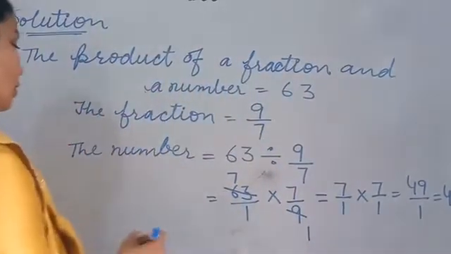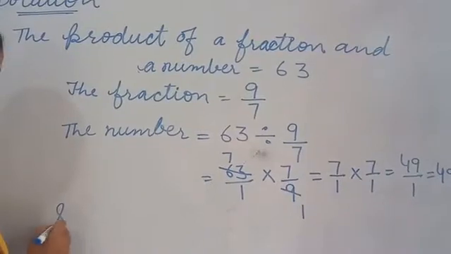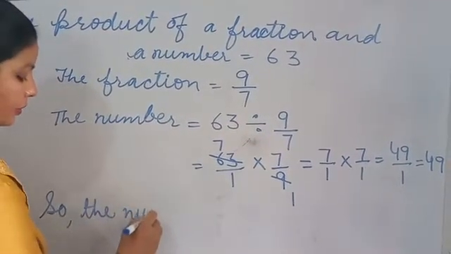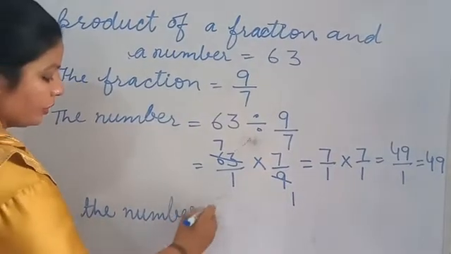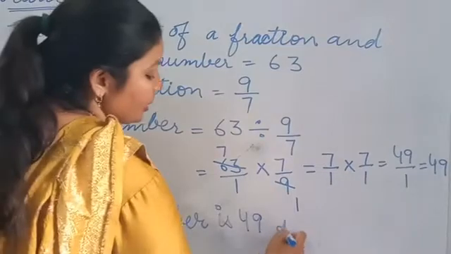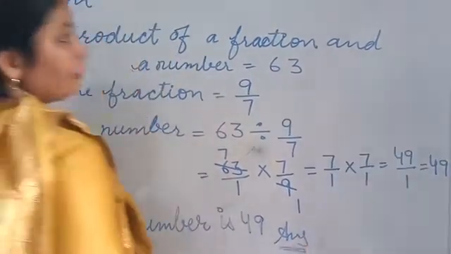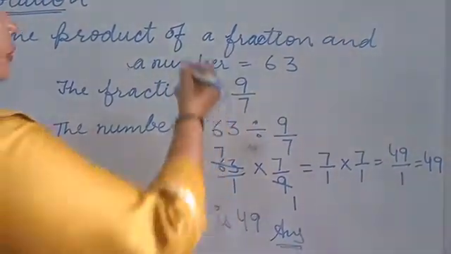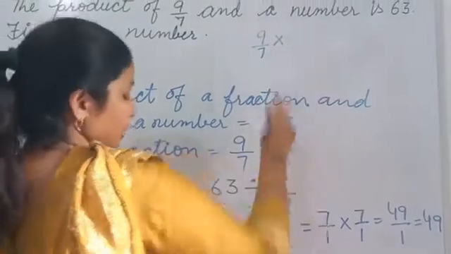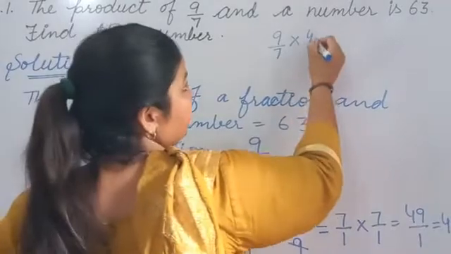So we write here, the number is 49. That's your answer. After that you can verify your answer also. You have 9 upon 7 and the number is 49.